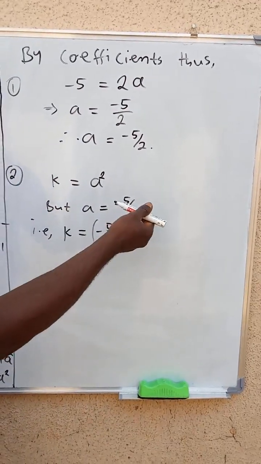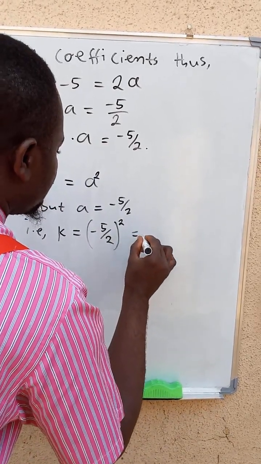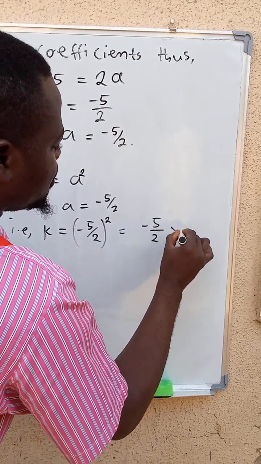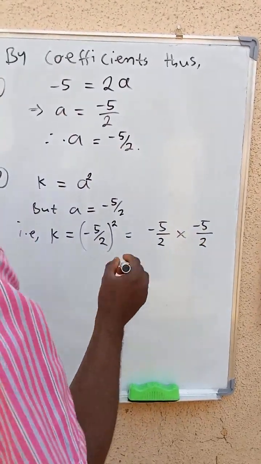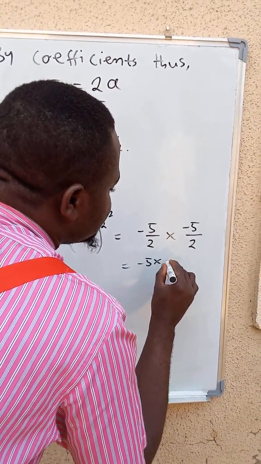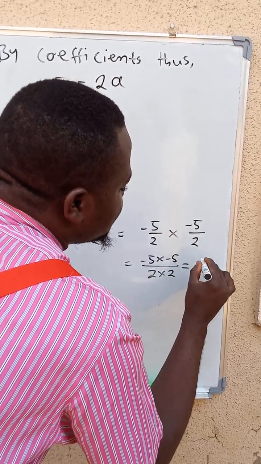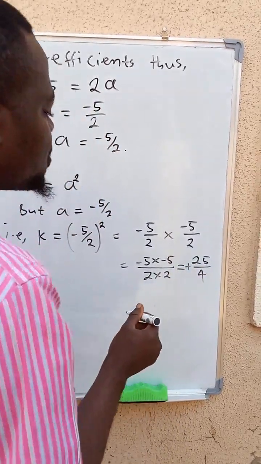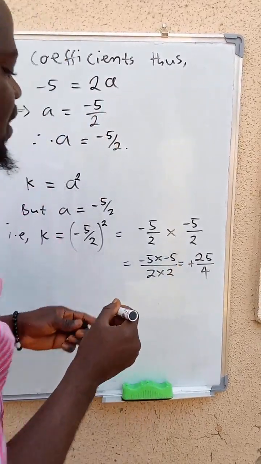I substituted the value of a here. So it's the same thing as minus 5 over 2 multiplied by minus 5 over 2, which is the same thing as minus 5 times minus 5 over 2 times 2, which is 25 over 4. So the person got it right. The answer is 25 over 4.